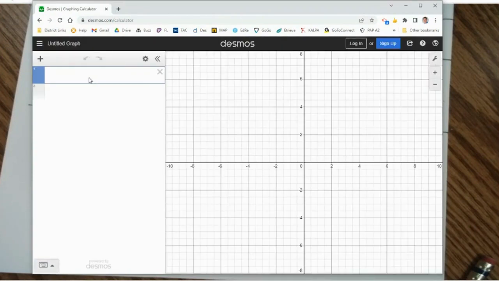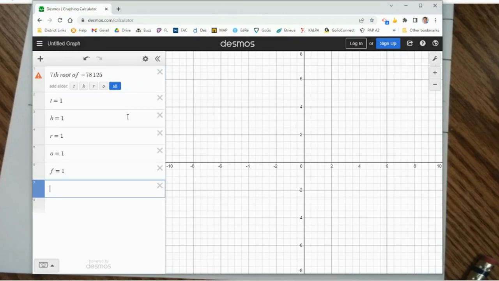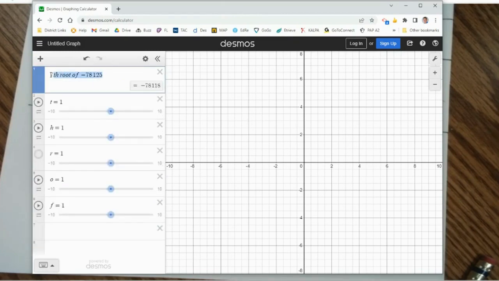Let's see if we type this in here. There we go. The 7th root of negative 78,125. I'm just typing it straight out. Let's see what it does. Oh no, it makes all this other stuff. It's adding stuff to it somehow.